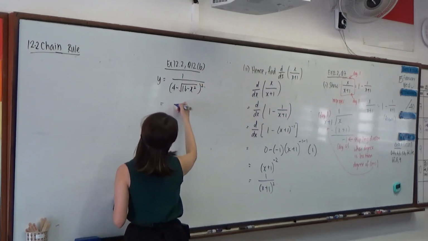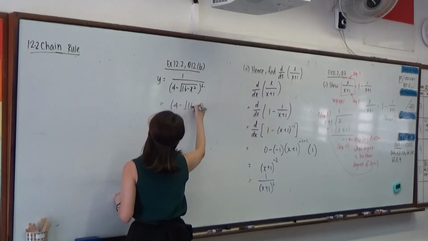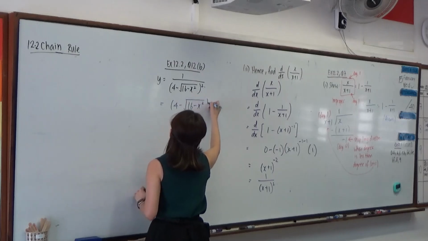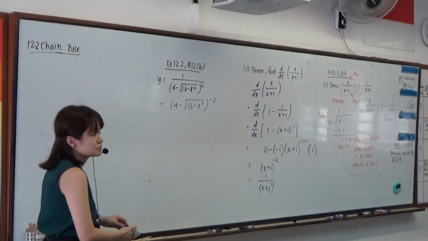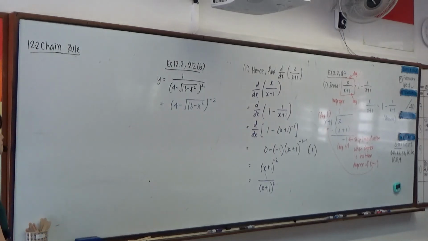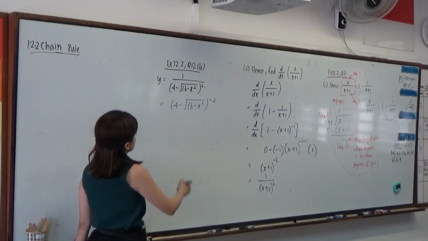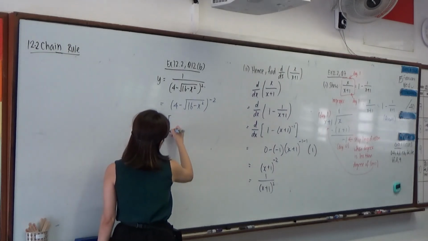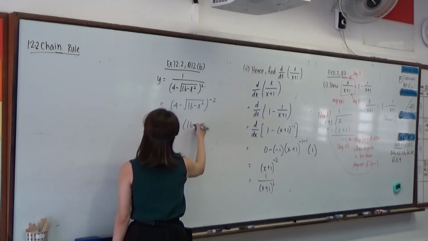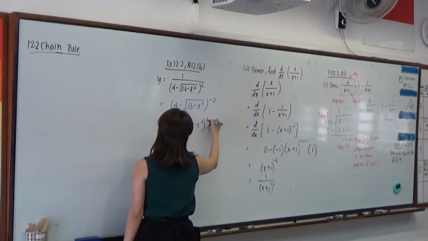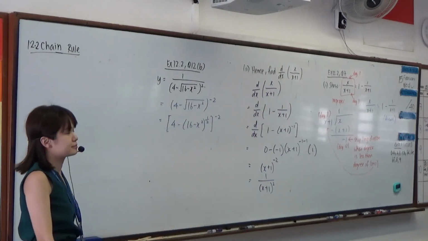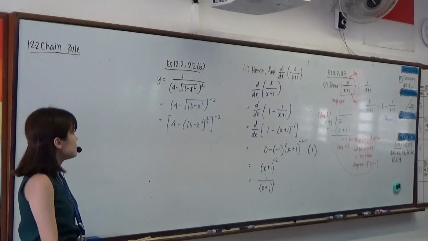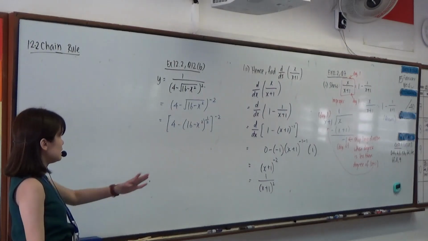Our power of 2 will have to change into power of negative 2. Then maybe your square root, you want to actually re-express it into a power first. That is power of half. Okay? So we get all this clearly stated out.